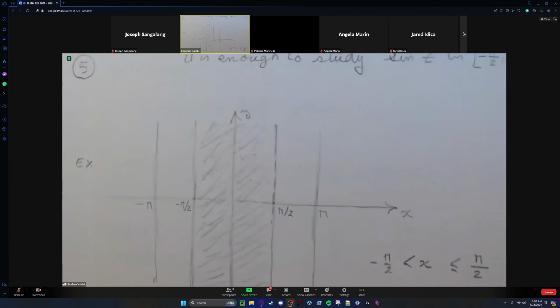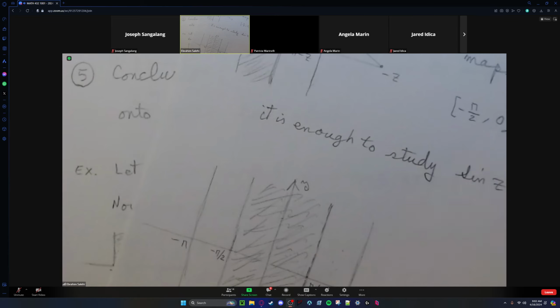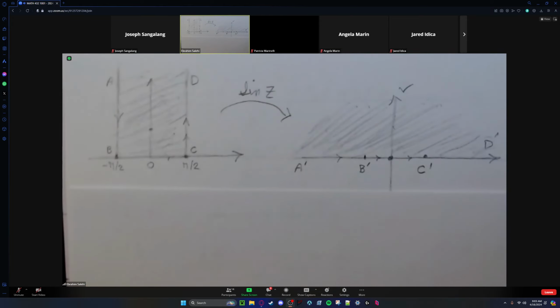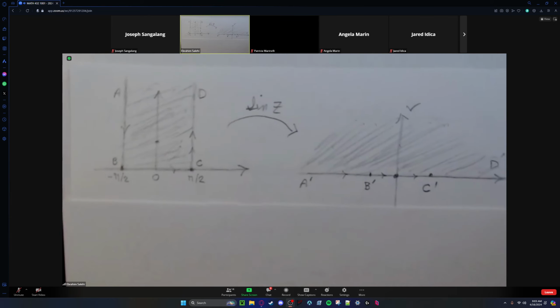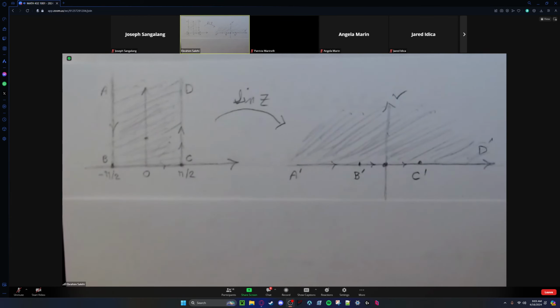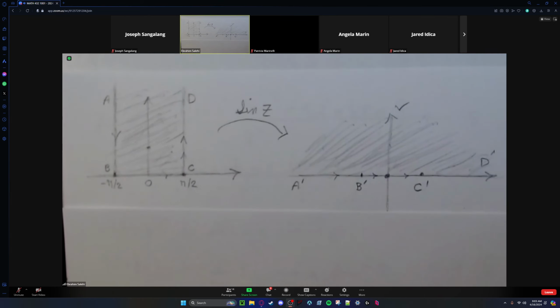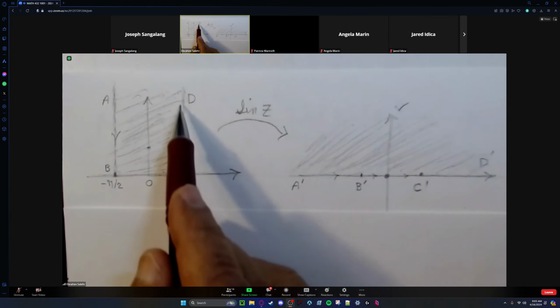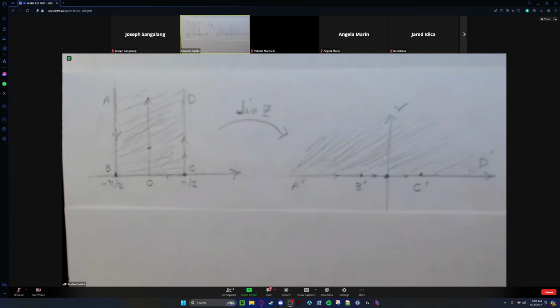But I'm going to simply look at half of it instead of all of it. Look at this half, I mean, the upper part of that vertical strip.